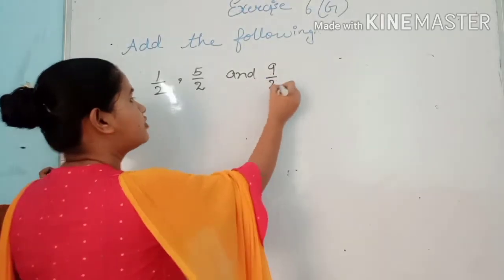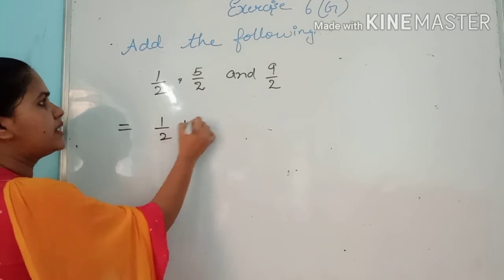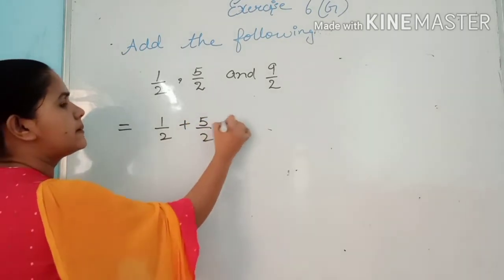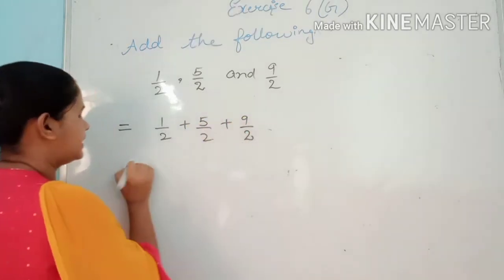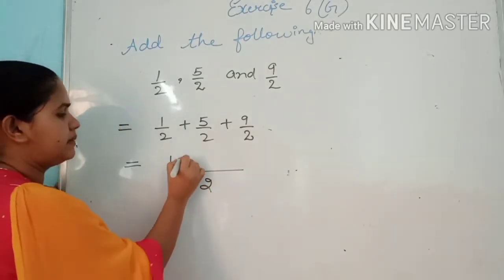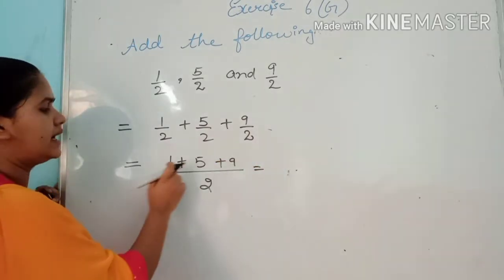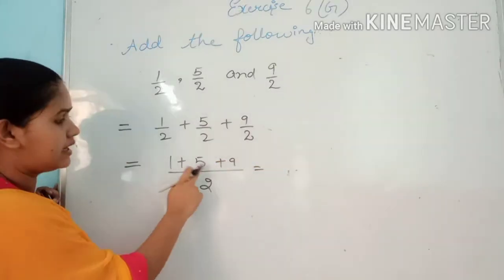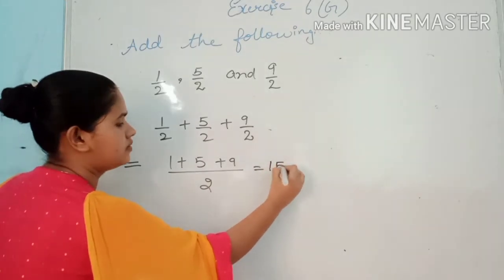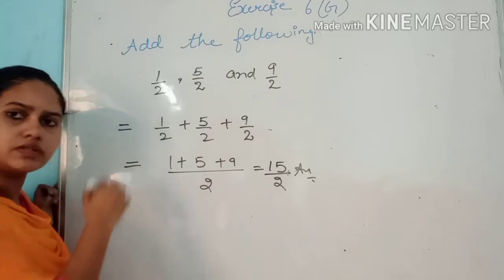As we have to convert first, we will convert it: 1 by 2 plus 5 by 2 plus 9 by 2, and then we will take a common denominator, then add 1 plus 5 plus 9. 9 and 1 become 10, 10 and 5, 15. And it's our answer for the addition of this fraction.